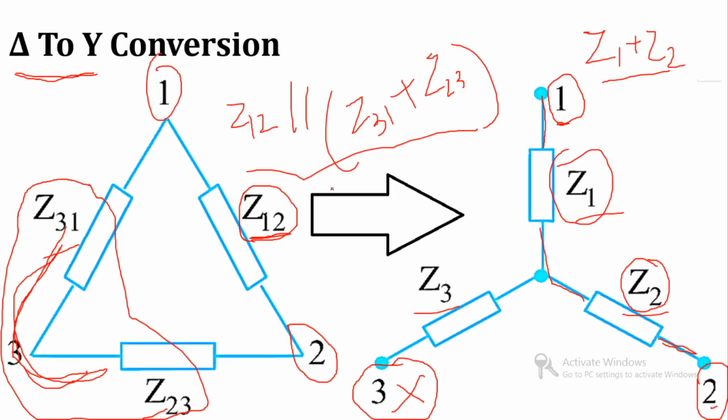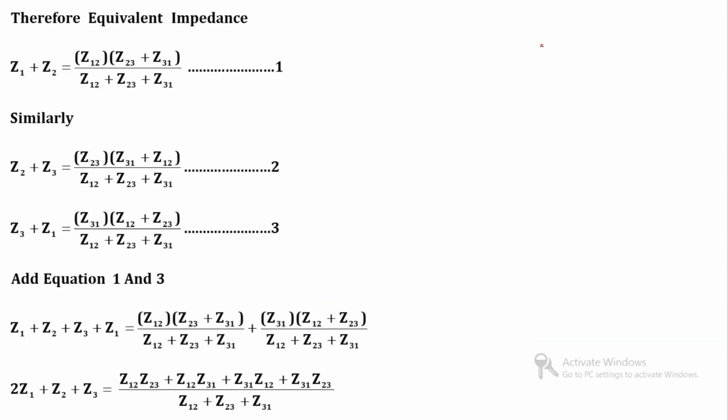Now I can compare these two equivalent impedances. It will look like Z1 plus Z2 is equal to Z12 into Z23 plus Z31 divided by Z12 plus Z23 plus Z31, and this will be our equation number 1.